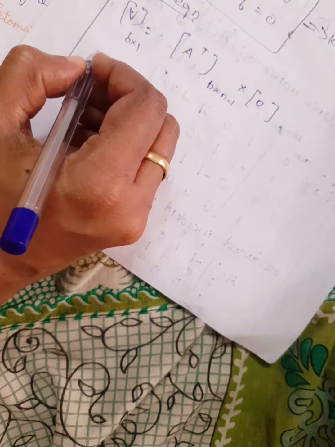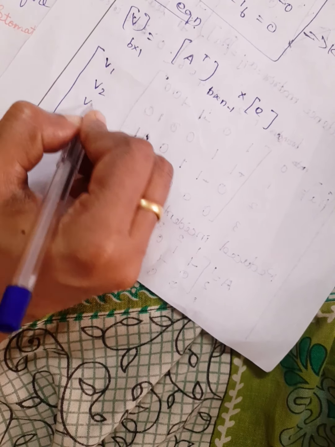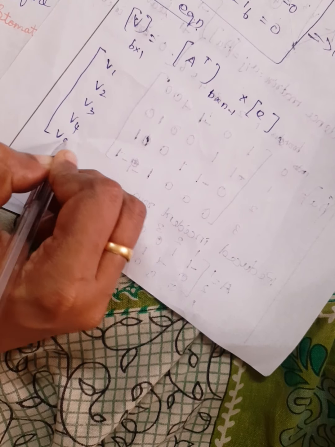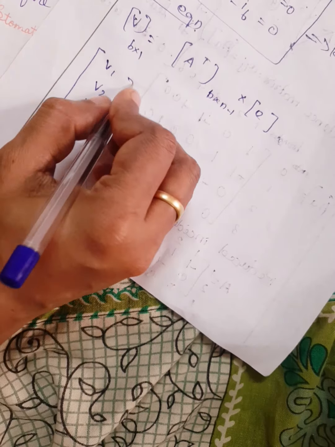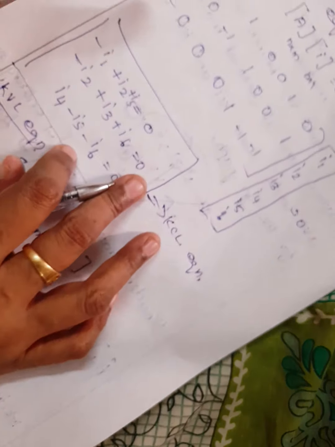Now voltage, how many voltages? V1, V2, V3, so totally 6 branches. So there are 6 voltages, and you want to transpose this reduced incident matrix.